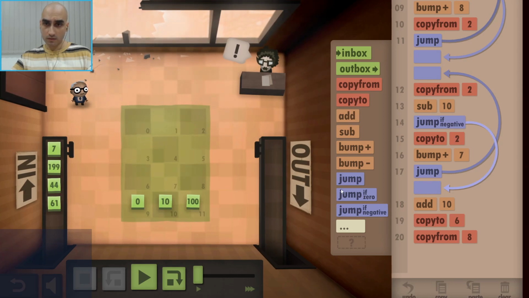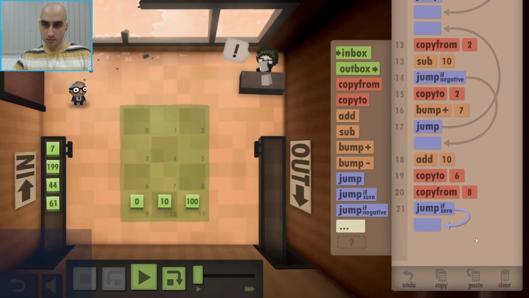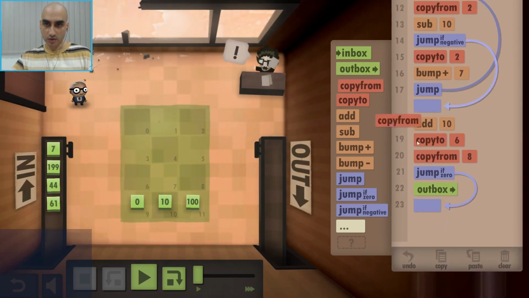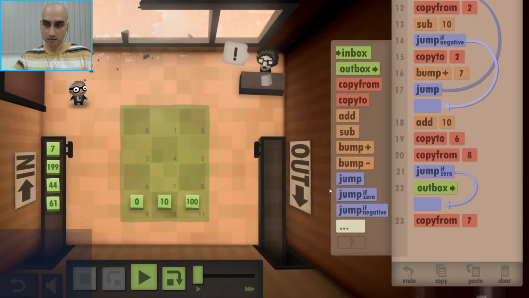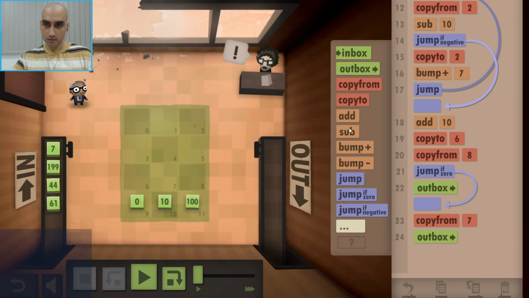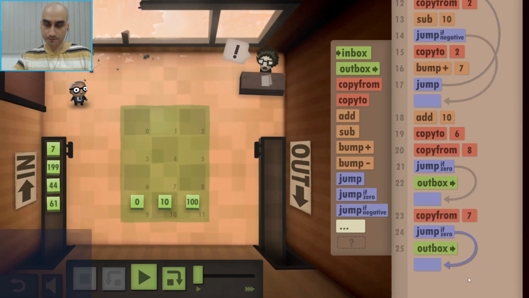So if it's 0, then we skip the outputting. Alright. Then we copy from here. We have to jump if 0.